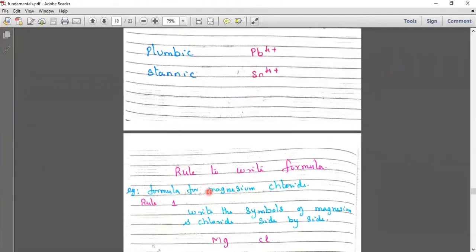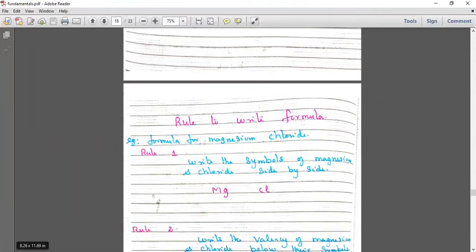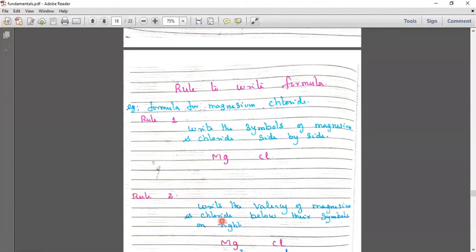So, rules to write the formula, for magnesium chloride, for example. Write the symbols of magnesium and chloride side by side. This is Mg and this is Cl. Second rule, write the valency of magnesium and chloride below the symbols on the right side.